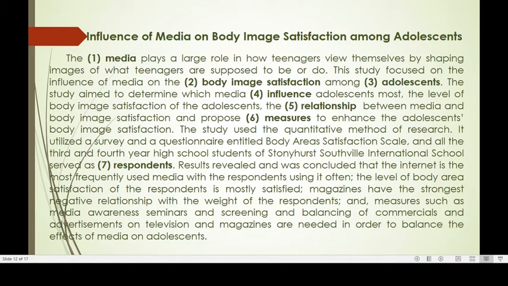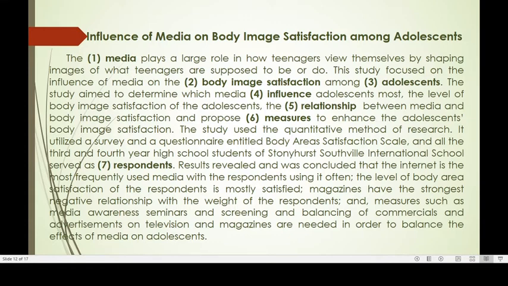The study used the quantitative method of research. It utilized a survey and a questionnaire entitled Body Areas Satisfaction Scale, and all the 3rd and 4th year high school students of Stonyhurst Southville International School served as number 7 respondents. Results revealed and was concluded that the internet is the most frequently used media, with the respondents using it often.